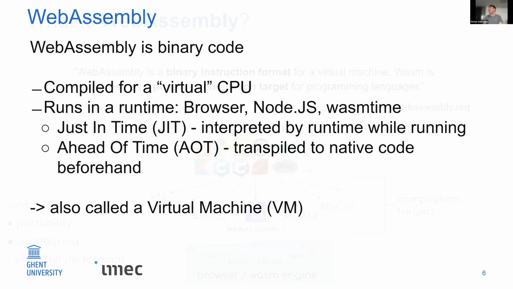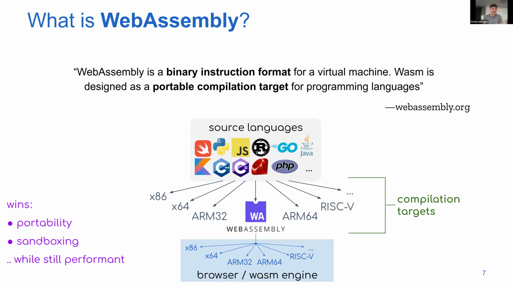So WebAssembly basically allows you to use any source language that supports compilation to WebAssembly. There's already a lot of support in a lot of languages like Python, Rust, Golang, C, C++, C#, because it is quite a mature technology that is used a lot for the web specifically.